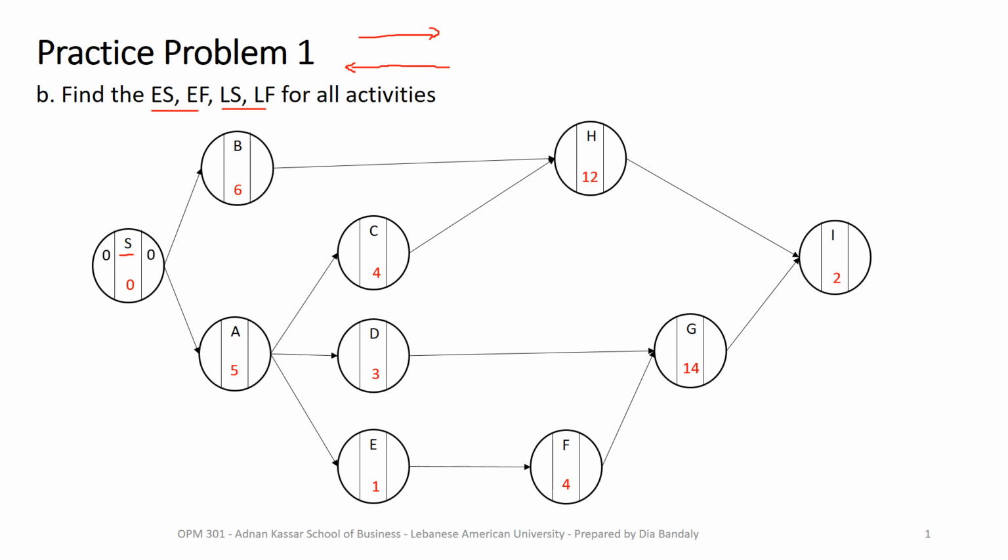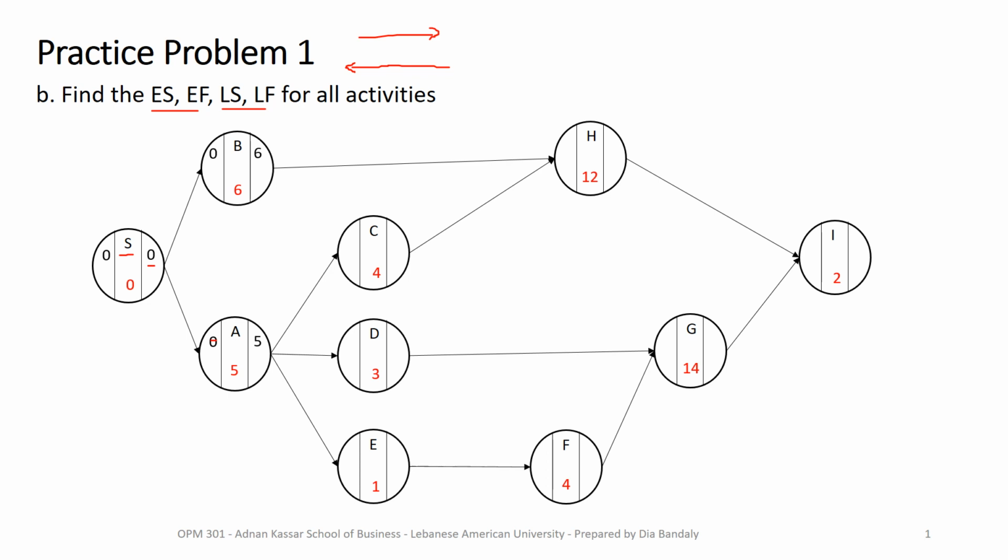Now I will move from S to A, and the early start for A will be equal to the early finish of the predecessor, so 0 here, and the early finish will be 5. Then I go to B, which also has the starting node as its immediate predecessor, so its early start will be 0. Then I add 6, and it has an early finish of 6.